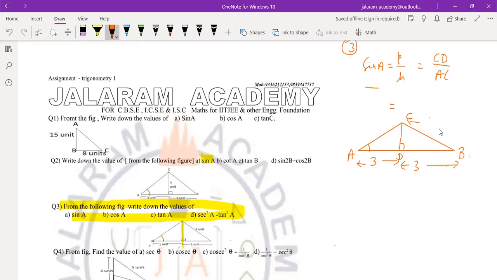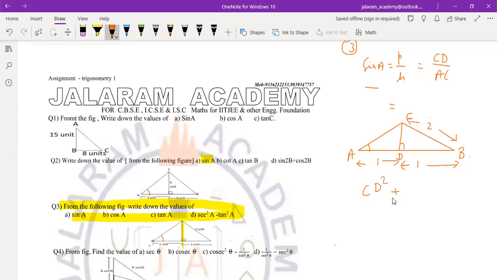Length of BC is given as 2 units. And we require this CD also.